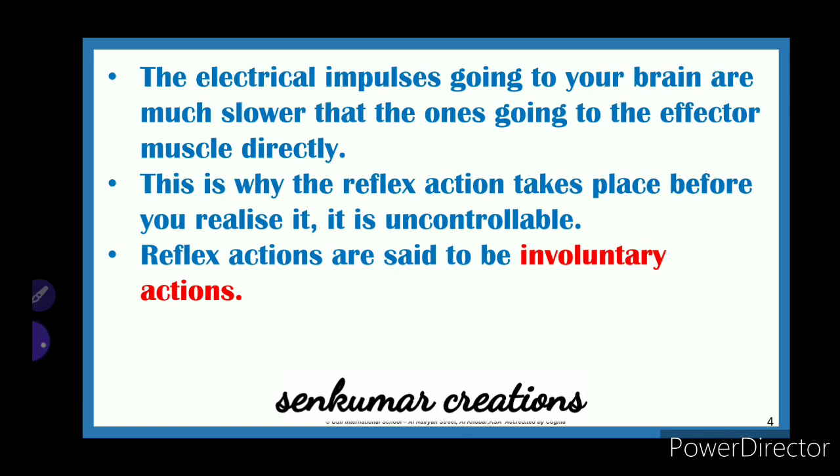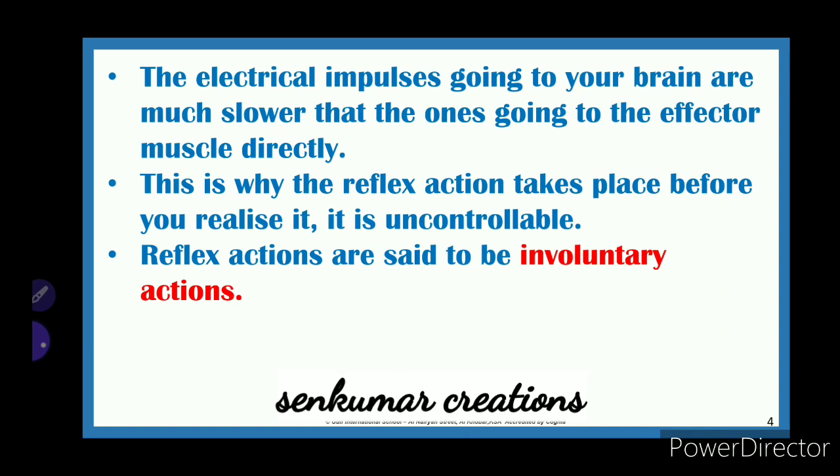Do you understand? An involuntary action is an action where the brain is not giving any response to the particular stimulus. So automatically the stimulus, or the electrical impulse, is transmitted to the motor neuron, and the motor neuron directly gives the response to the effectors. Okay, that is an involuntary action. Otherwise, we can call it a reflex action.